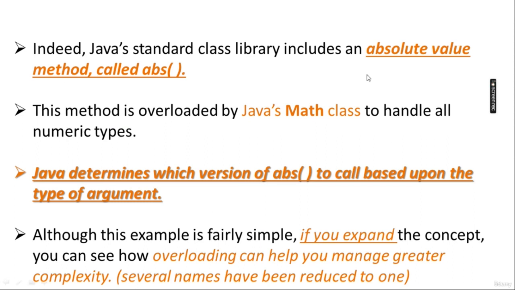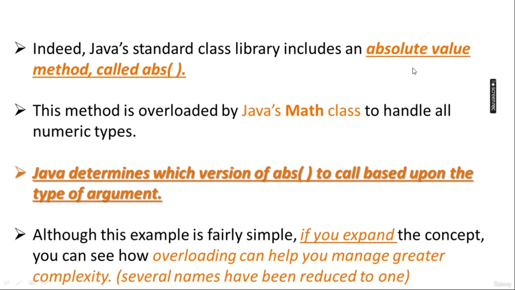Java standard class library's math class already has a method called abs, and this method is overloaded by the math class to handle all numeric types. Java determines which version of abs to call based upon the type of argument. Although this example is simple, if you expand the concept, you will know how complex it is to remember method names when your Java program is so vast.